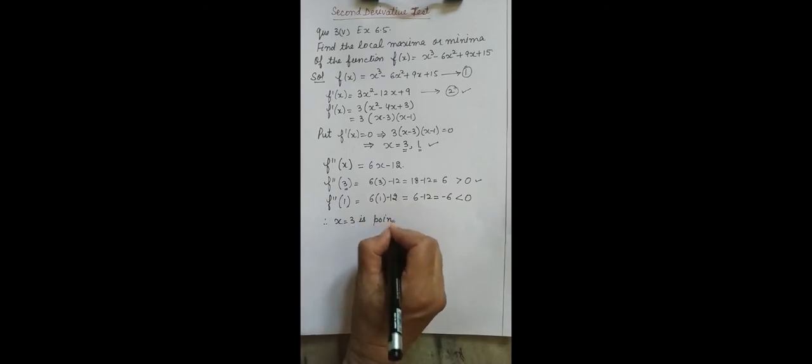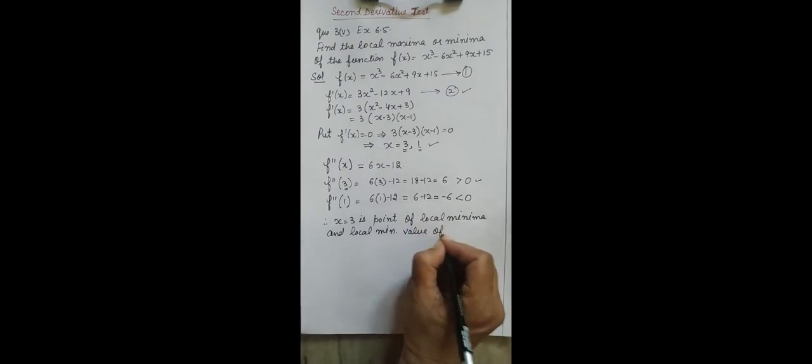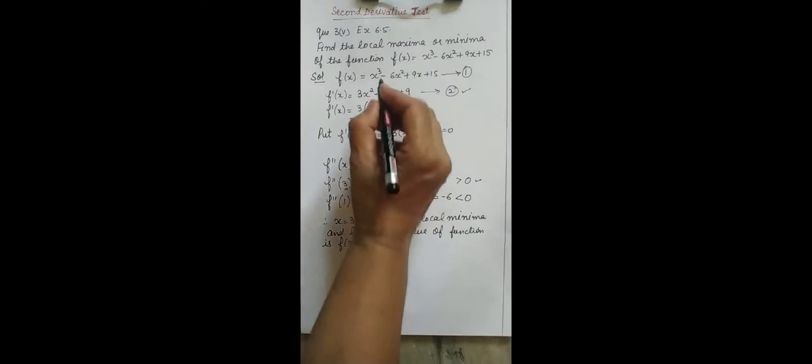So you can see, students, that at x is equal to 3, double derivative is positive. So that means x is equal to 3 is point of local minima and local minimum value of the function is f of 3, which will be obtained by substituting x is equal to 3 in result number 1.